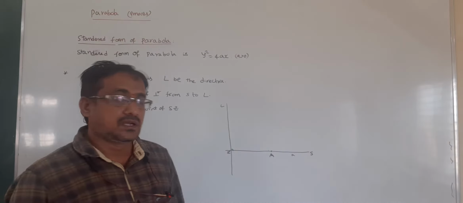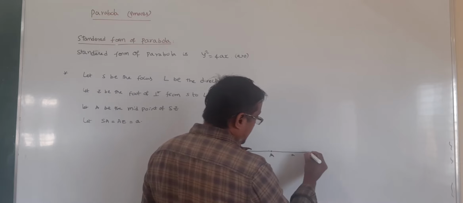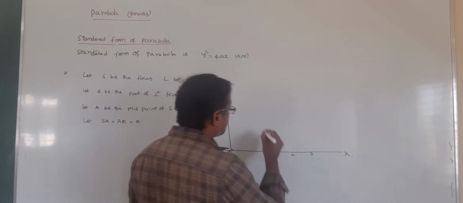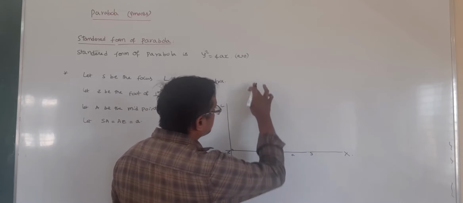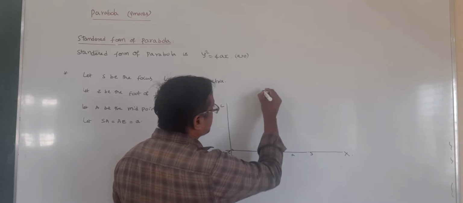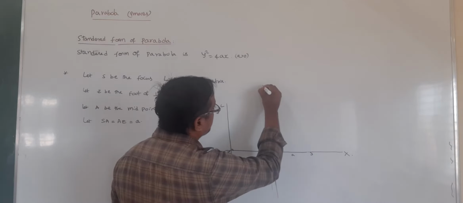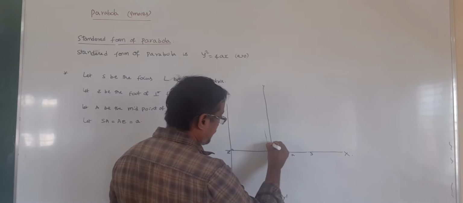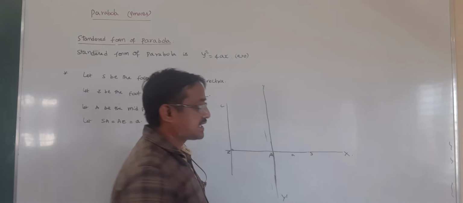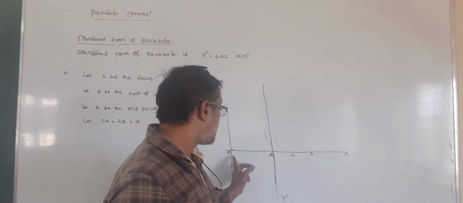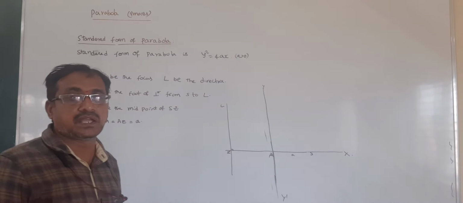Now let us construct ZAX as the x-axis and YAY dash as the y-axis. We consider the coordinate axes ZAX as the x-axis and YAY dash as the y-axis.